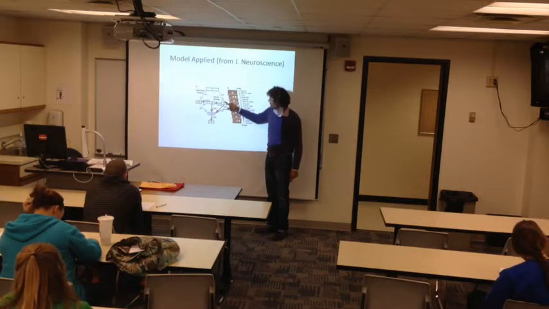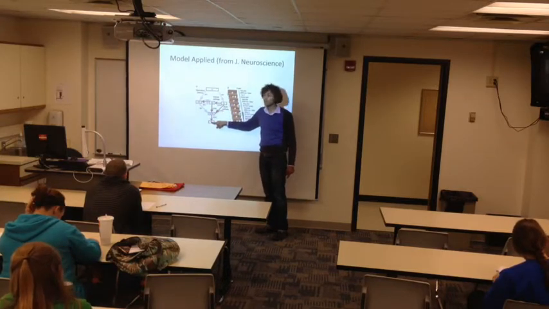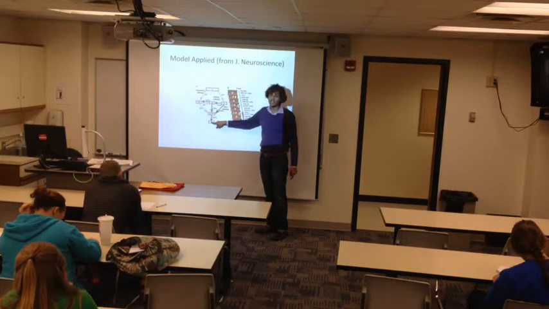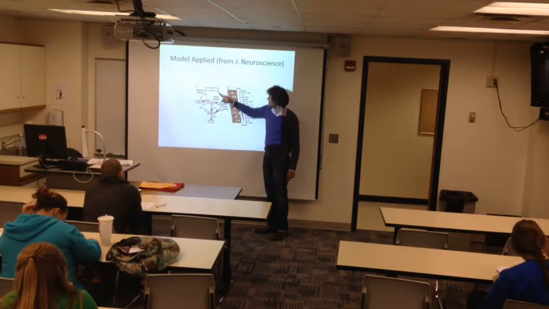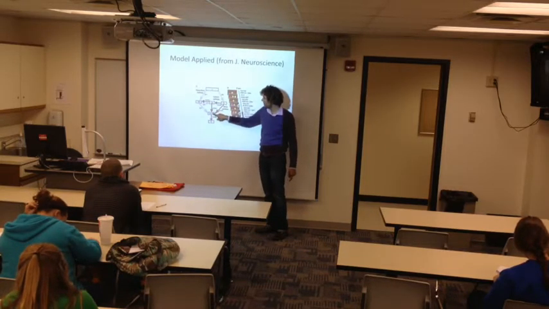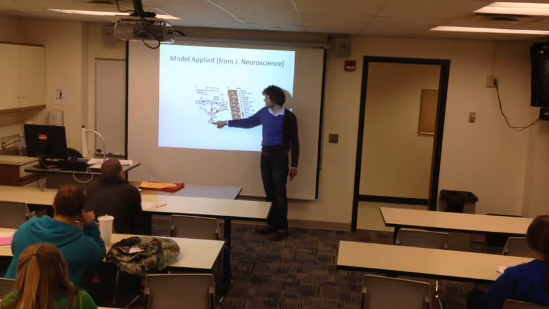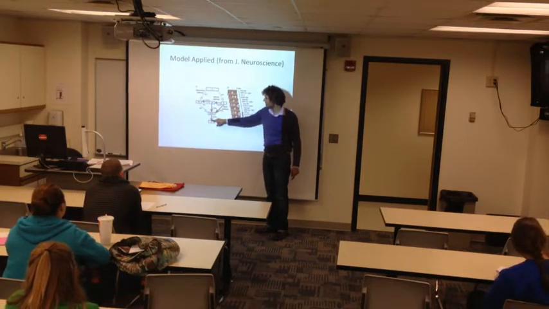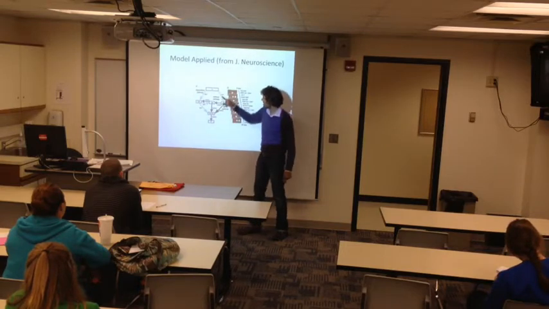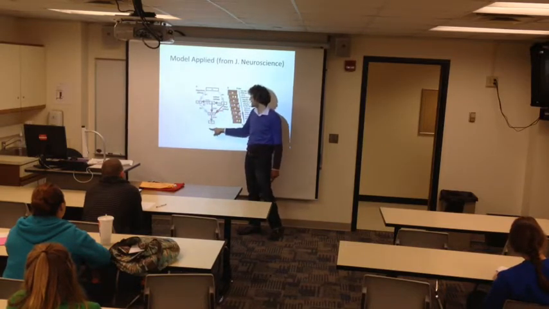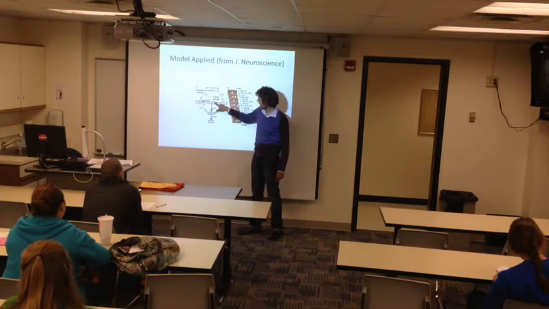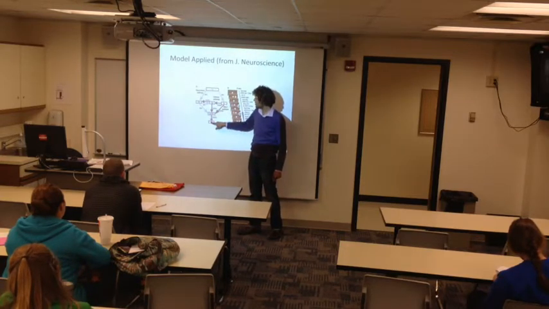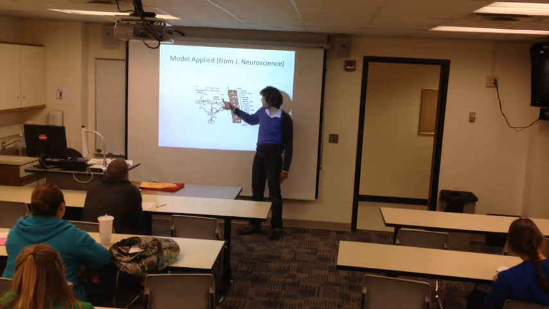So +1 times -1 times -1 is positive, right? So you're exciting a structure that inhibits a structure that inhibits a structure. And so this inhibition is inhibited, that's excitatory. The direct pathway is excitatory. The indirect pathway has three GABAergic synapses and still one glutamatergic.